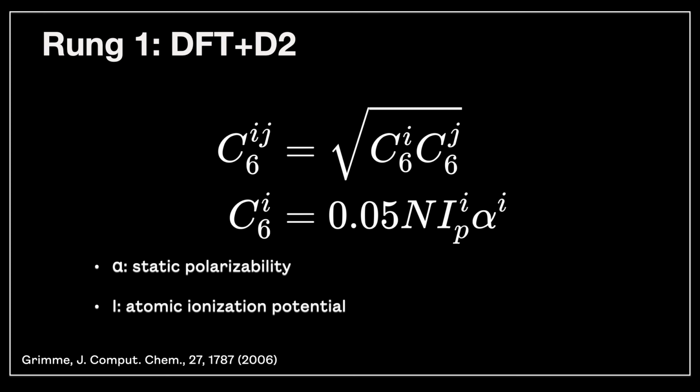This is jargon that's used, and this one is extremely popular, from Grimme, where the C6 is obtained from a geometric average of the C6 of two individual atoms, and where we use a static polarizability, so we go back to the fundamental origin of the van der Waals interaction.